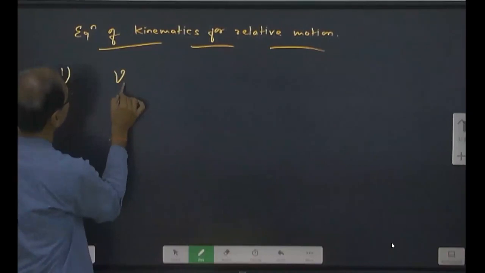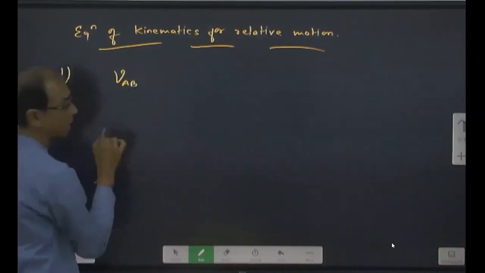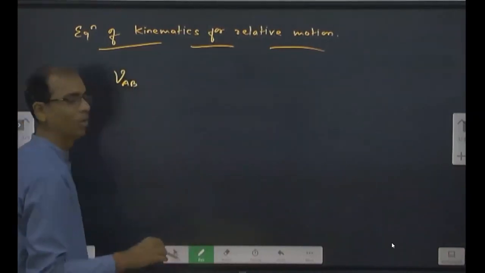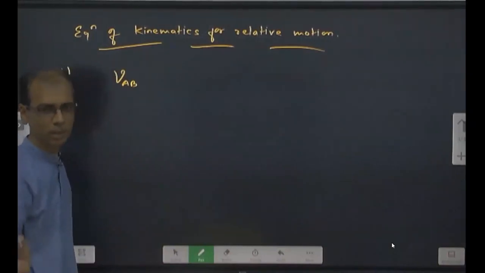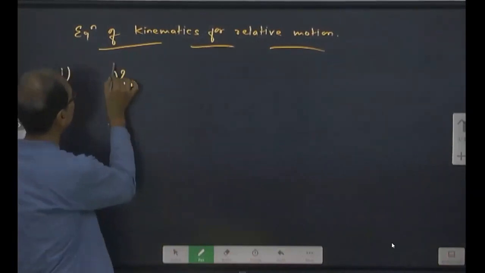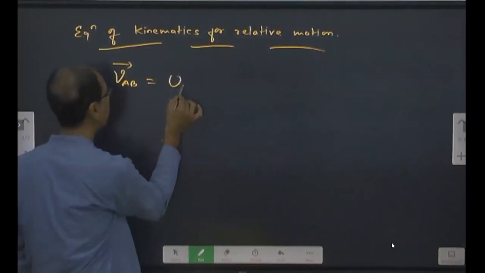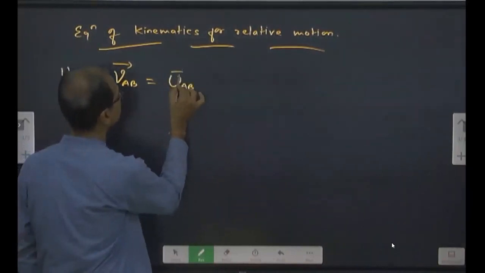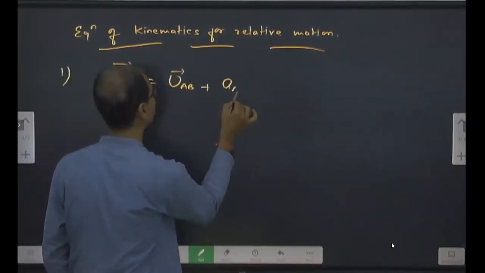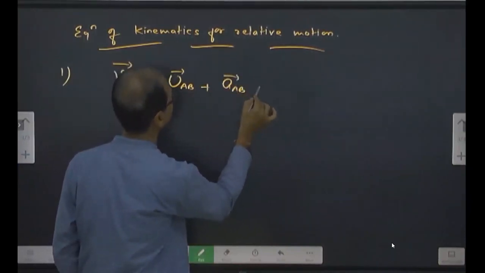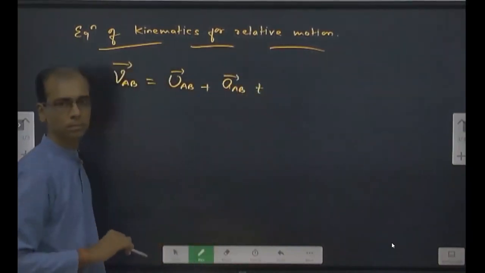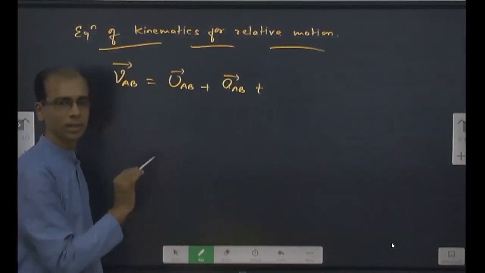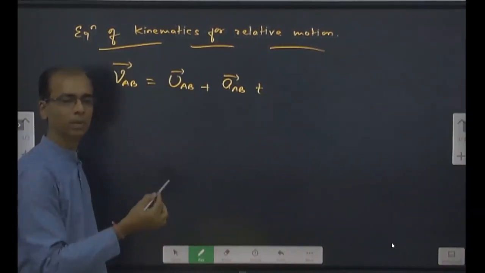So we'll be writing v of A with respect to B. Here I'm writing A with respect to B, or you write B with respect to A, doesn't make any difference. So VAB is equal to UAB plus acceleration of A with respect to B into t. Everything became relative, nothing else. It's all the same thing, but it became relative.